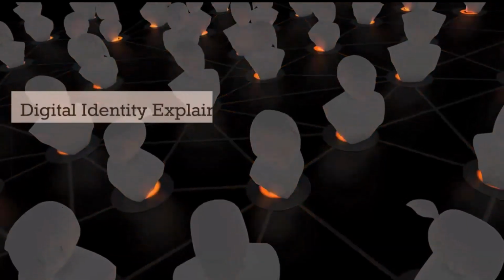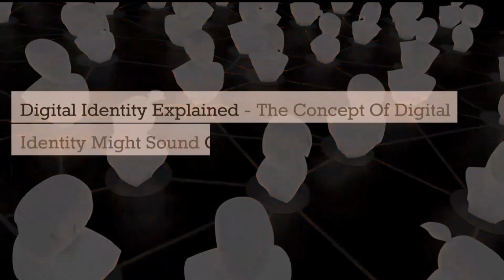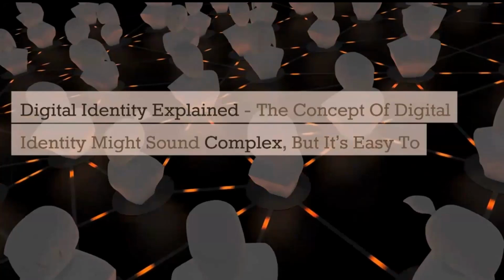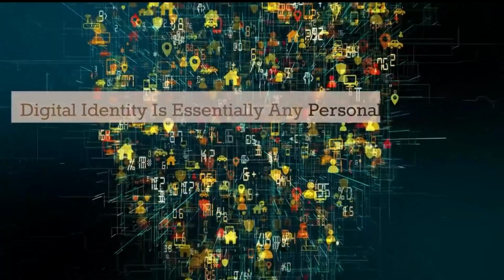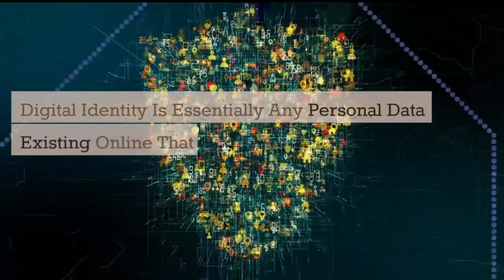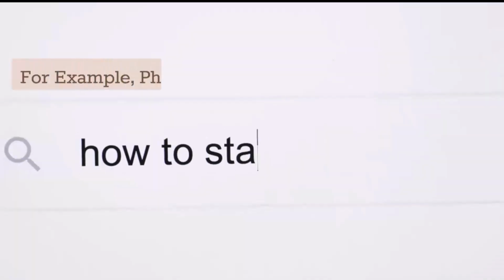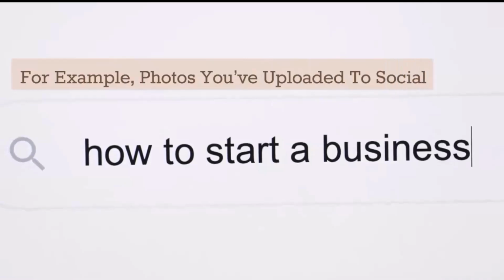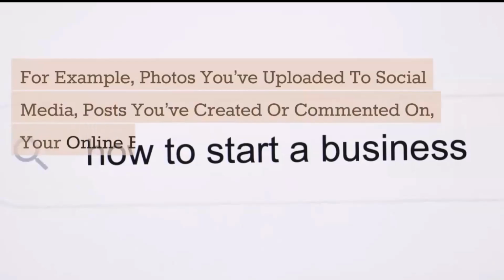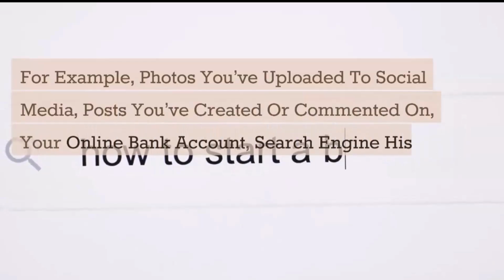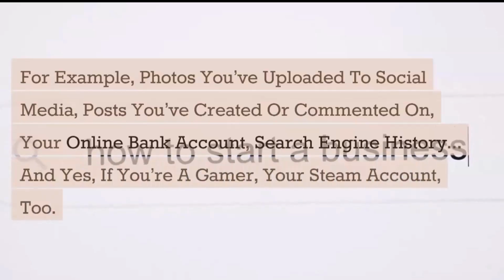Digital Identity Explained. The concept of digital identity might sound complex, but it's actually easy to grasp. Digital identity is essentially any personal data existing online that can be tracked back to the real you. For example, photos you've uploaded to social media, posts you've created, comments, your online bank account, search engine history, and yes, if you're a gamer, your Steam account too.